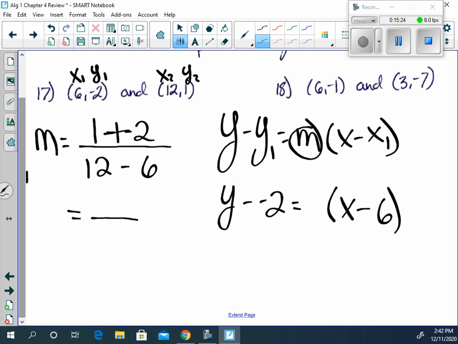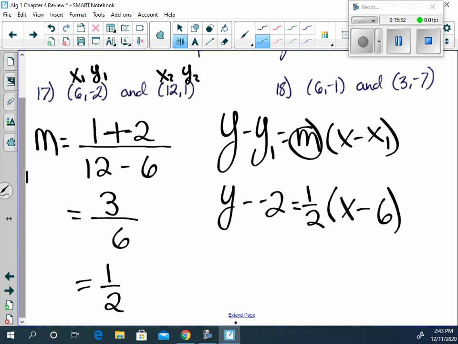Now, the negative and negative would make a positive, so I would have a 3. 12 minus 6 is 6. 3 divided by 6 is positive 1/2. Any questions on this here?